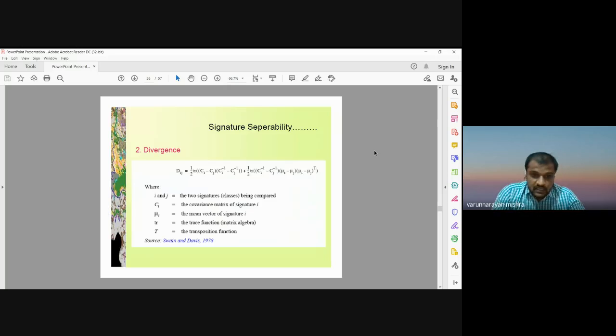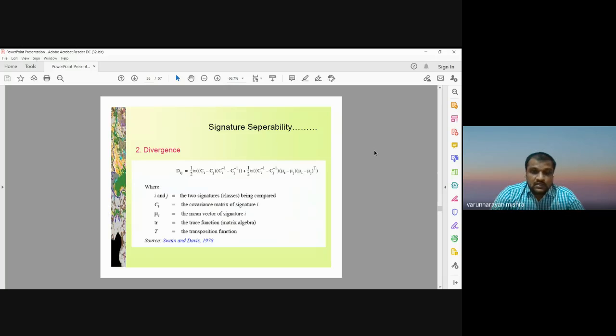Dij is equal to, the formula is written here. Using this formula, we can calculate the separability between the signatures of two different classes. i and j are the two signatures for two classes. Ci is the covariance matrix, mu i is the mean vector, tr is the trace function, and T is the transposition function. This formula was adopted by Swain and Davis, 1978.